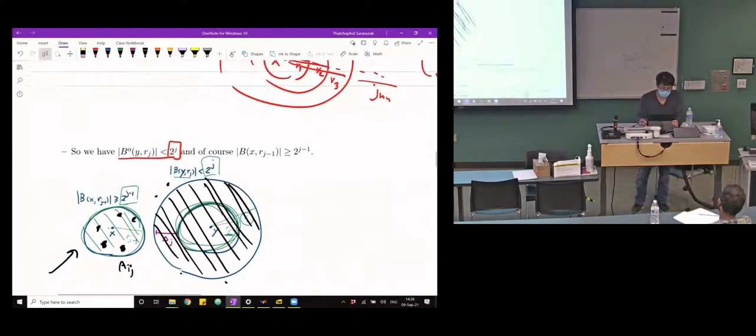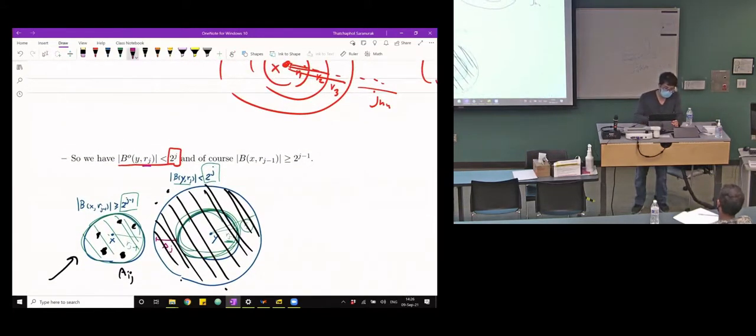Oh, because we assume Rj is just the first radius such that the closed ball of Y with radius Rj is bigger than 2 to the j. So the open ball will have fewer. So you assume the ball of Y is smaller than the ball of X. Yeah, we assume by symmetry that is the case.